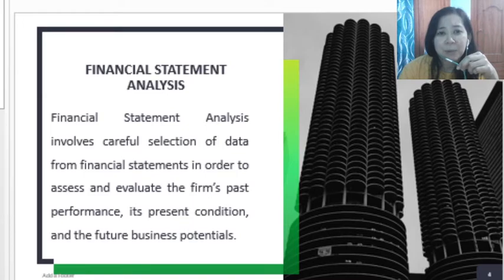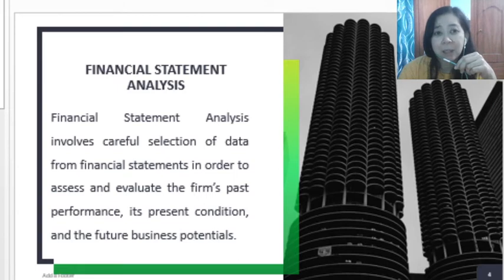We can also assess or evaluate the present condition. If we are using the current financial statement, we will know the current condition of the entity in terms of financial aspects. The result of the analysis can also be used for future potentials or future plans of the entity, based on the past performance.